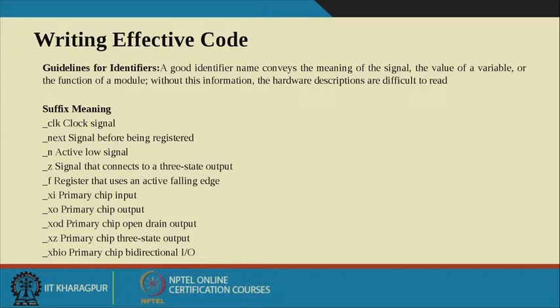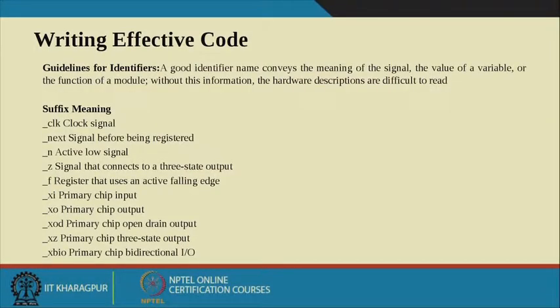Effective code means, basically, suppose I am designing a 1000-line code, at that time we have to put some suffix meaning. Suppose there are 10 clock nets that I am assigning. Those clock nets will be suffixed with underscore clock for clock signals.